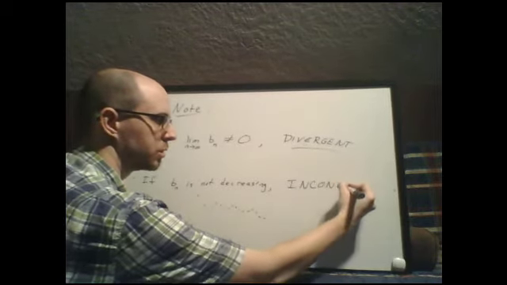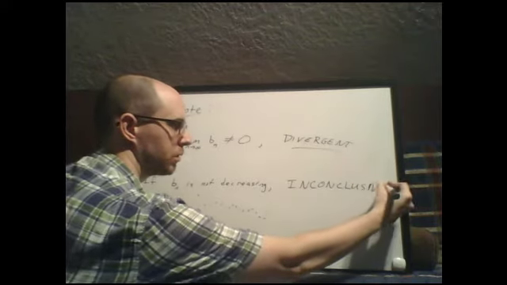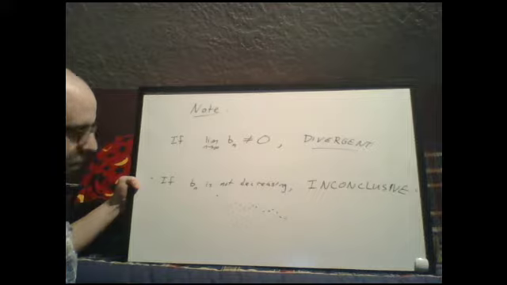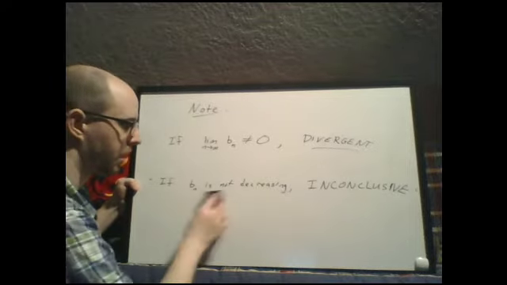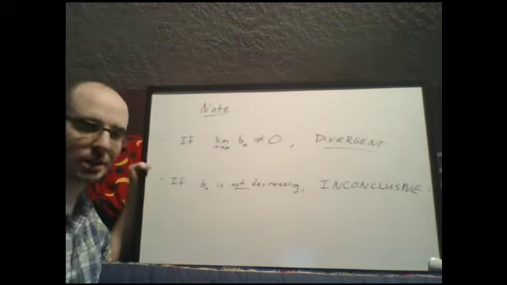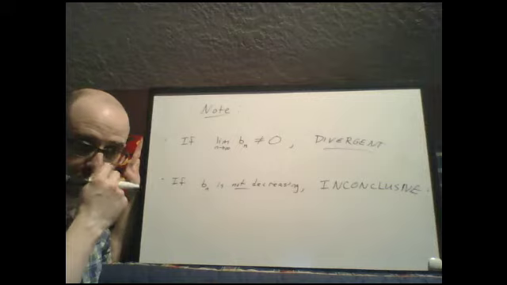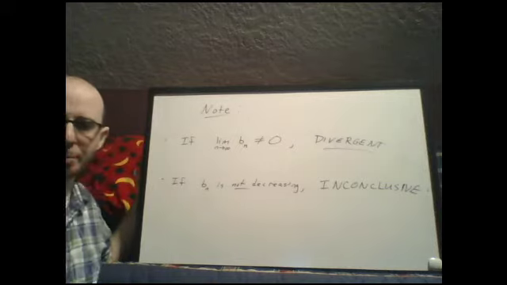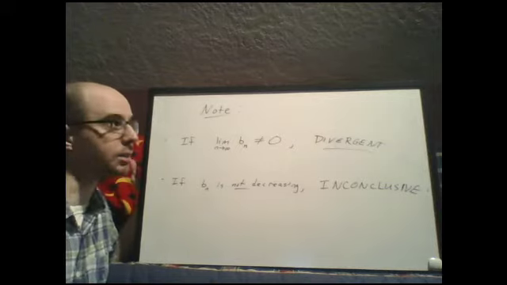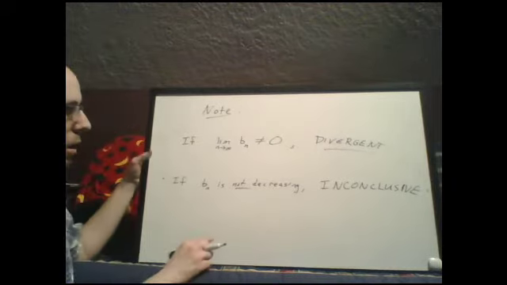It's inconclusive. So if it's not decreasing, this test just doesn't work. You have to use a different method. At the moment we don't have another method that would work for an alternating series, but we will in the next section.